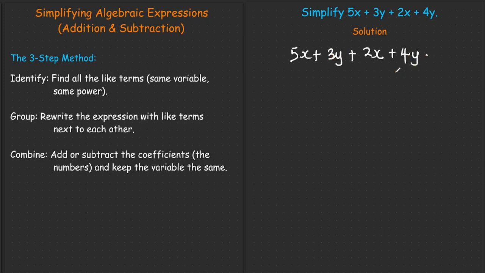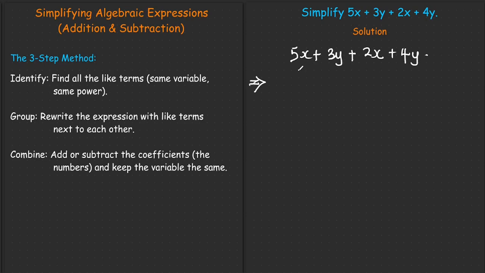Now that we have identified our like terms, we then have to group them together. Grouping them together simply means all those with the x's should be together and then all those with the y's should be together. And you take note, you move with the signs. You don't move a term and ignore its sign.